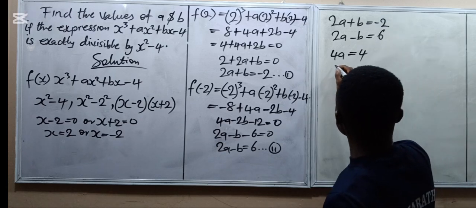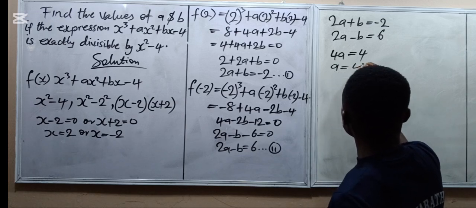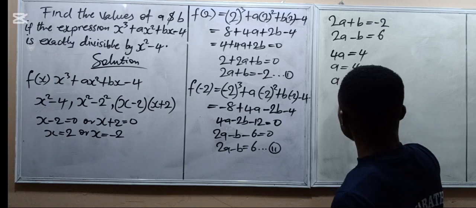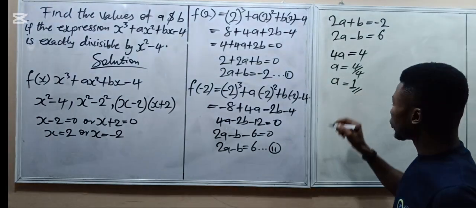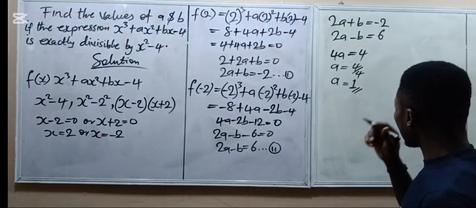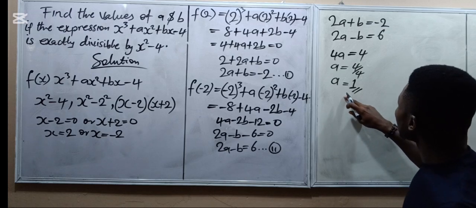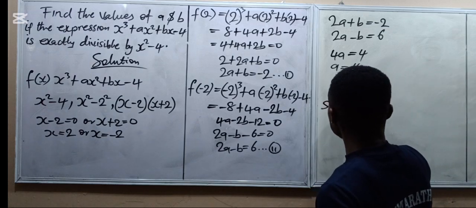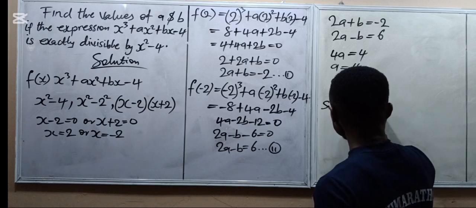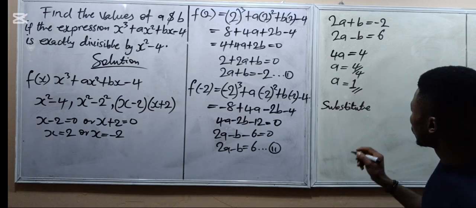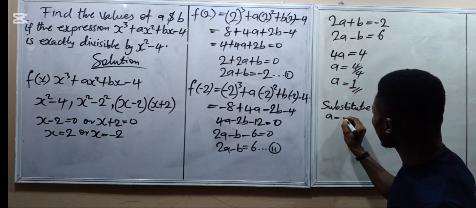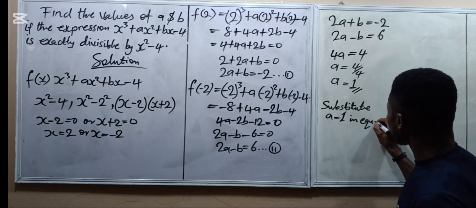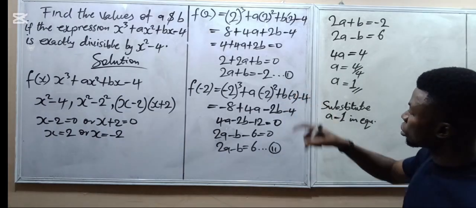So from here, a is equal to 4 over 4, that is a is equal to 1. Then we've gotten a. Now to get b, we substitute a equal to 1 into equation 1.